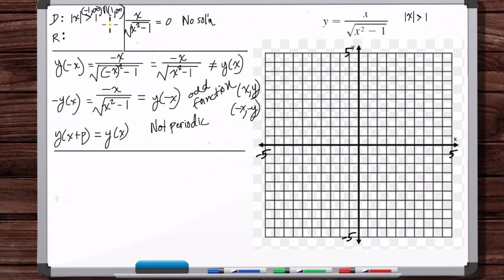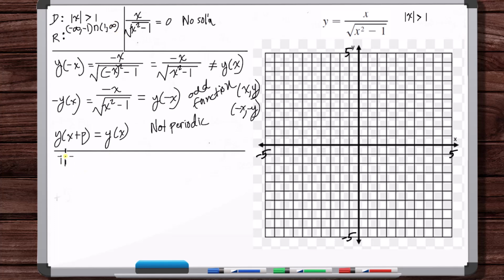Okay, so there's four endpoints. Hold on, I didn't write that correctly. It would be minus infinity to minus 1 in union with 1 to infinity.